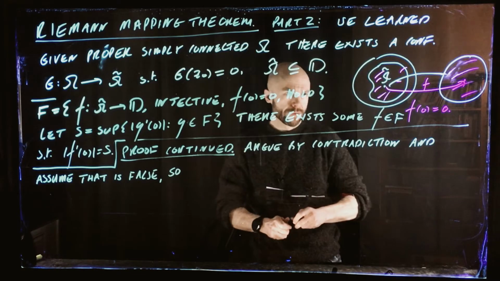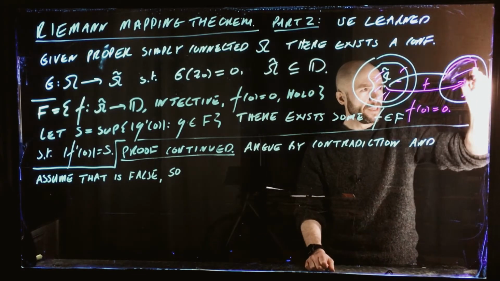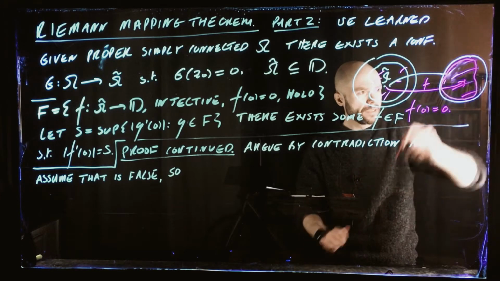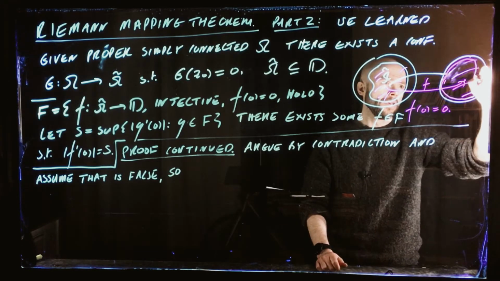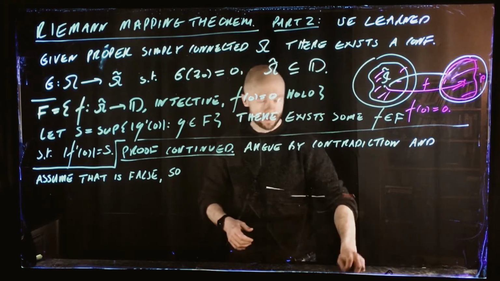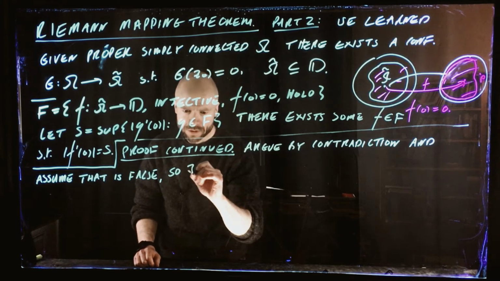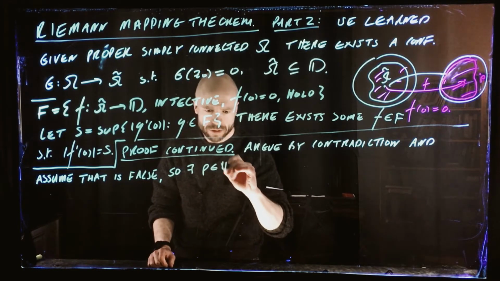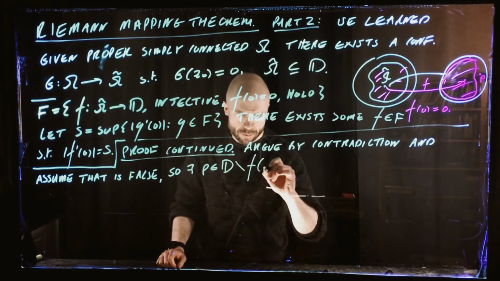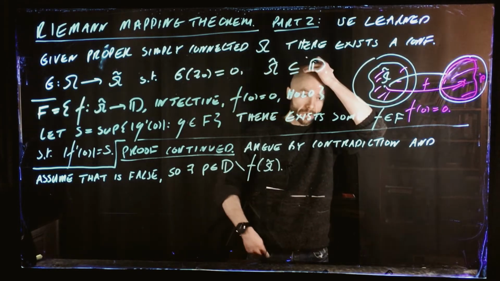So if this is not actually true, then the image of omega tilde under f is not the entire disk. Say it's something like this, and there exists some P here, which is actually not inside the image of f of omega tilde. So there exists P belonging to the disk, but not inside the image of f of omega tilde, like this. Okay, cool.